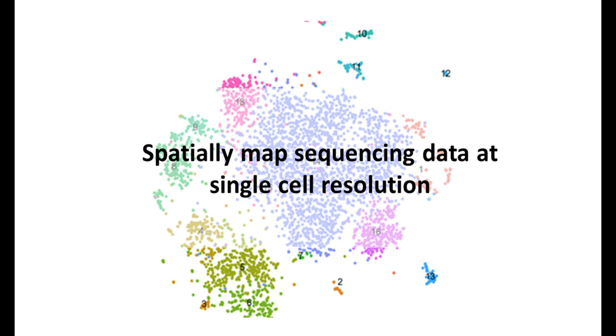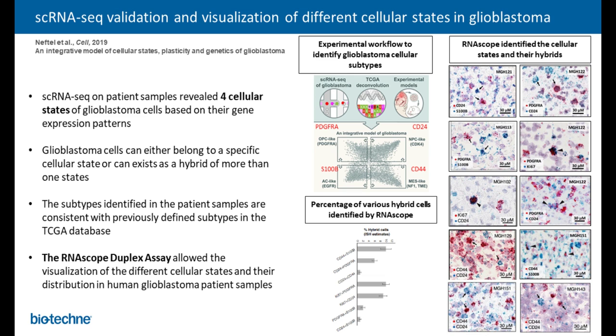But what you lack is the morphological and spatial context that you get by RNAscope. So a lot of the times, researchers will do the single cell sequencing analysis and then come back to RNAscope to validate and visualize their data and spatially map using morphological context.